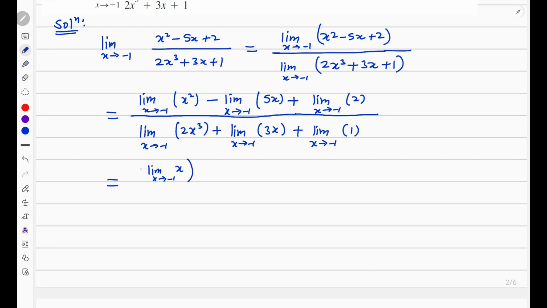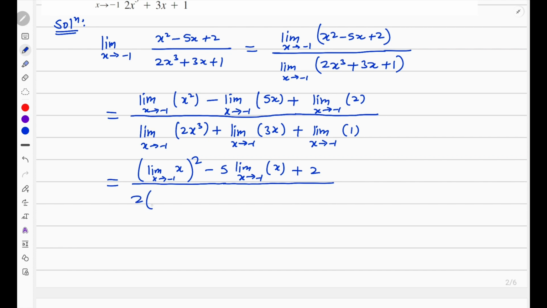We can write limit x tends to minus 1 x, whole square, minus 5 limit x tends to minus 1 x plus 2. For the constant value we can directly write the constant value, because we put the value in the variable x.